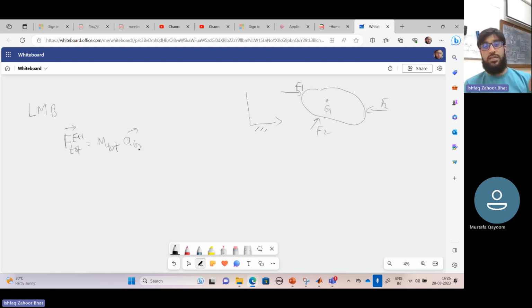So this equation in itself is enough, given the initial conditions also. If we are given the initial condition, what is the initial velocity of the center of mass? What is the position of the center of mass? So this equation is sufficient to predict what will be the future trajectory of the center of mass. Okay.